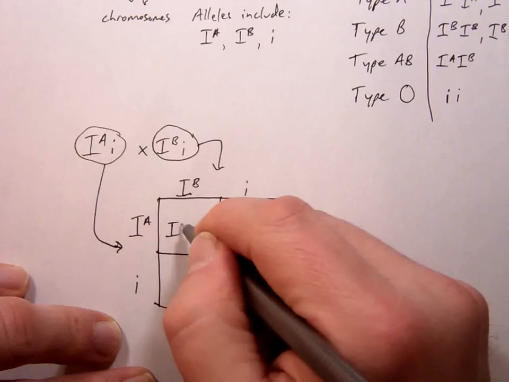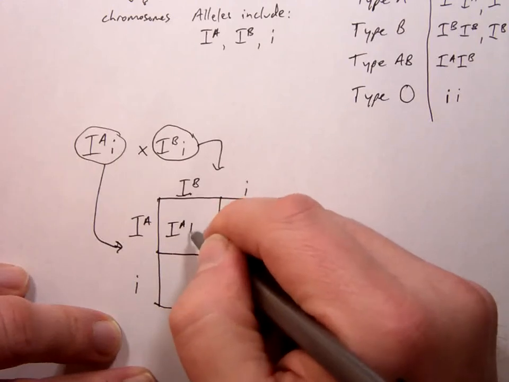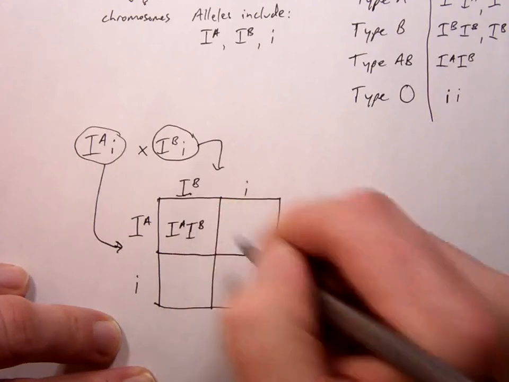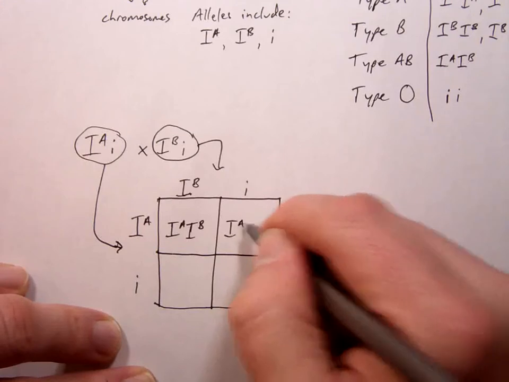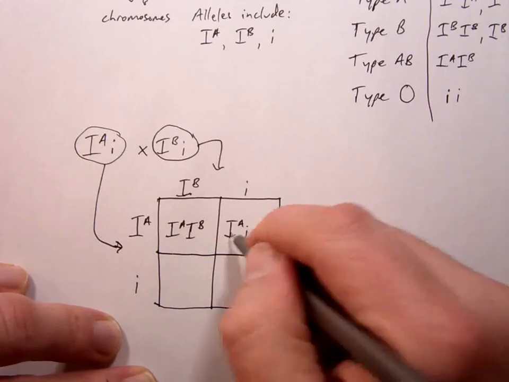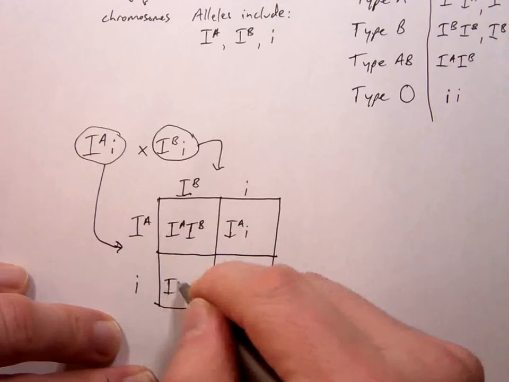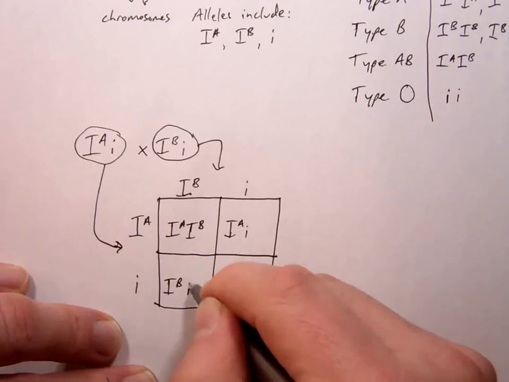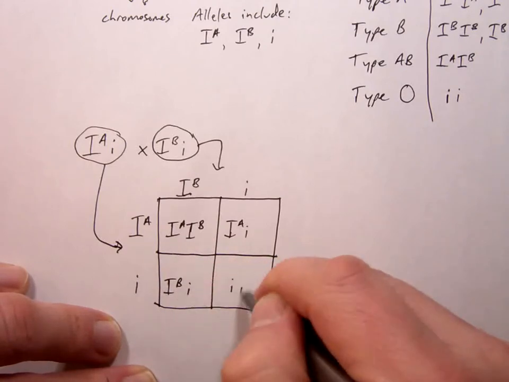So this first one would be big I^A, big I^B. Next one, big I^A, little i, big I^B, little i, little i, little i.